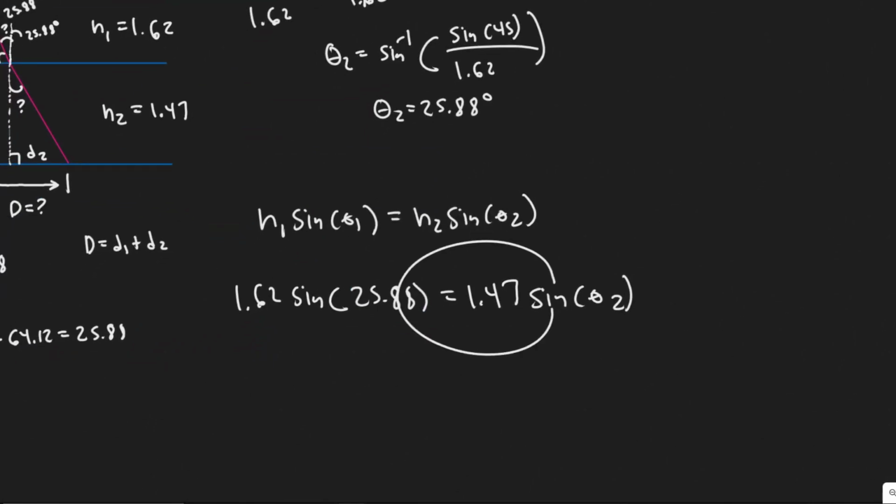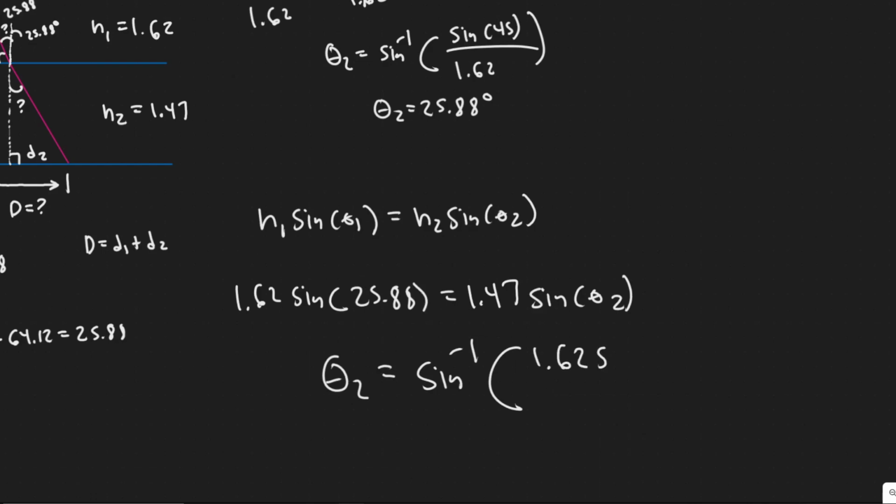So you're going to divide both sides by 1.47 and take the arc sine. I don't need to show you guys how to do that again. So 1.62 multiplied by the sine of 25.88, and then divide by 1.47. So let's go ahead and see what this is. 1.62 times the sine of 25.88 divided by 1.47.